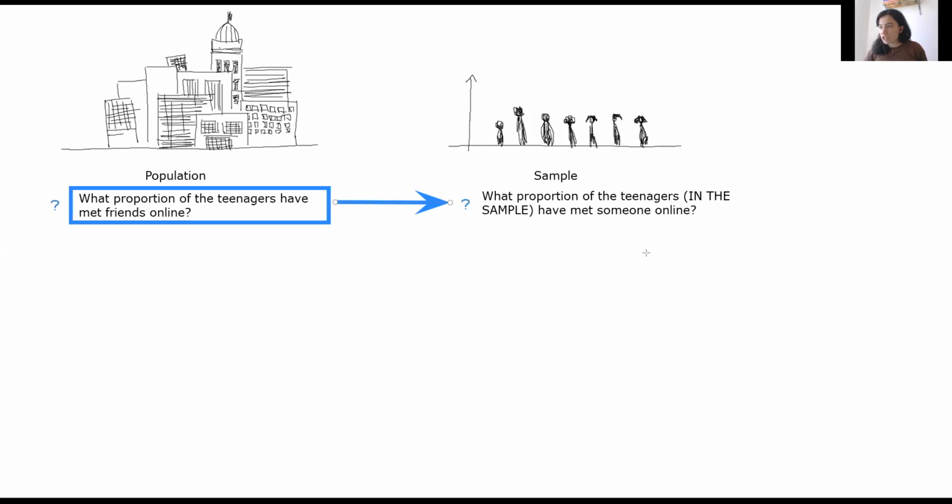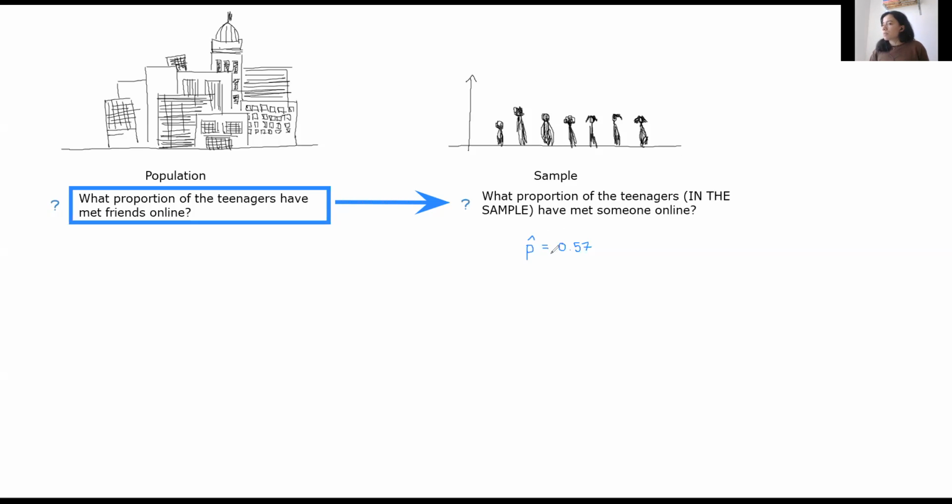Okay, so we end up with this question, and then we can actually collect some data from the sample and try to answer the question. So what we said last time was that if we collected data from our sample, we had found that our proportion of teenagers that met somebody online was equal to 0.57 or 57%, right? And here I'm going to put a little hat on that proportion because this proportion is not the proportion for the whole population, but rather the proportion for the sample.